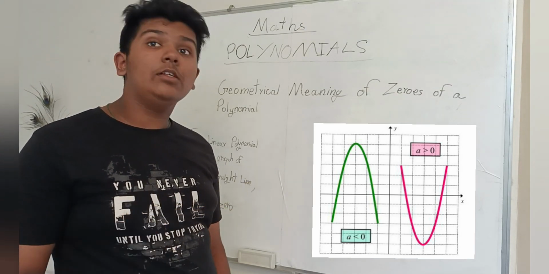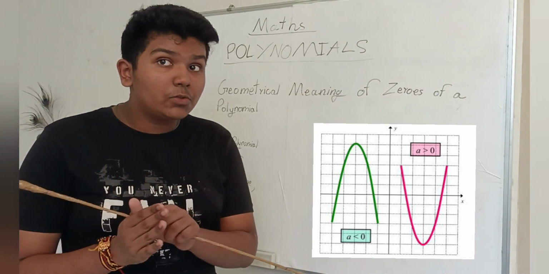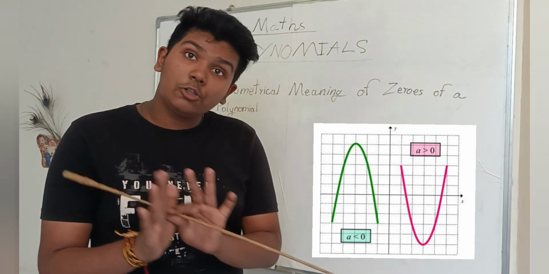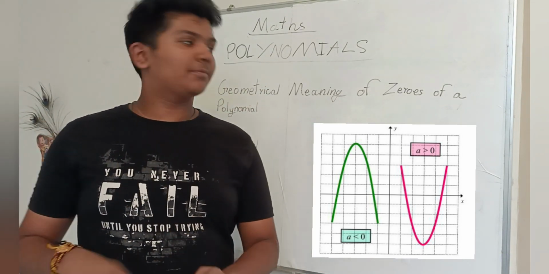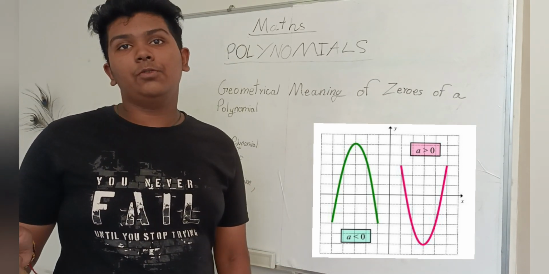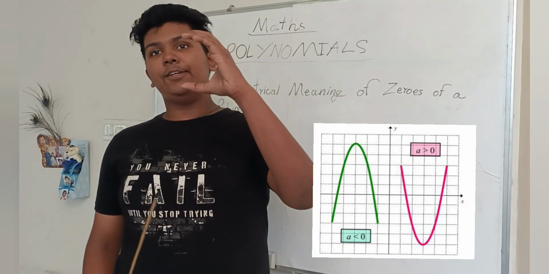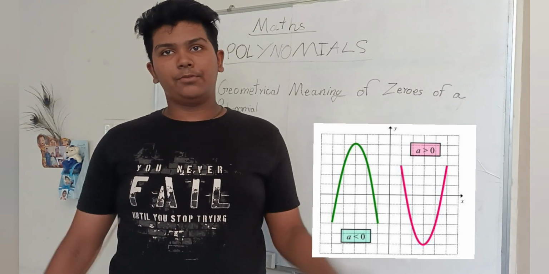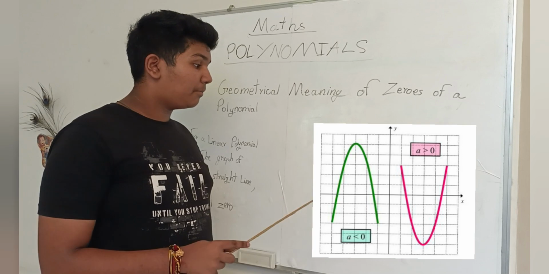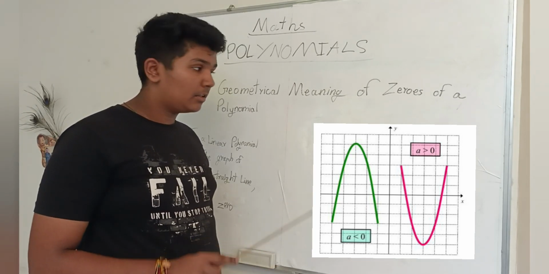So how many zeros will it be for quadratic? Since degree is 2, zeros will be 2 also. And parabola can be upside down U, normal U, or sideways U, any U. But it has to pass through the x-axis.